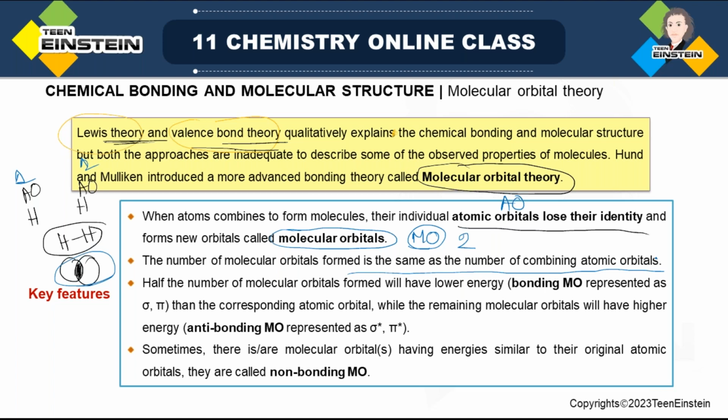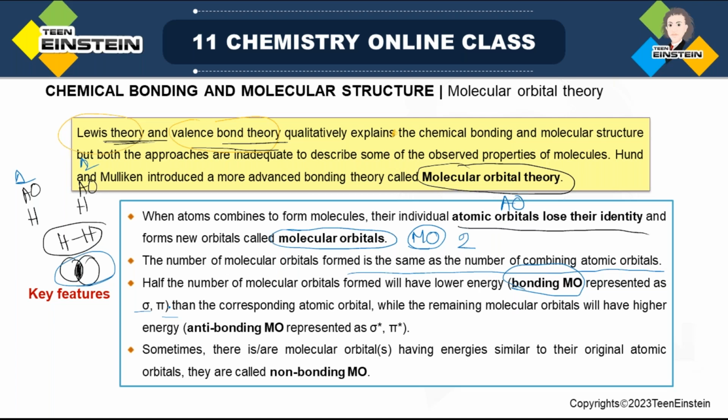Now out of this total MO, half of the MO will have lower energy, which we call bonding MO, represented as sigma and pi. Normal sigma sign, pi sign, that you know.